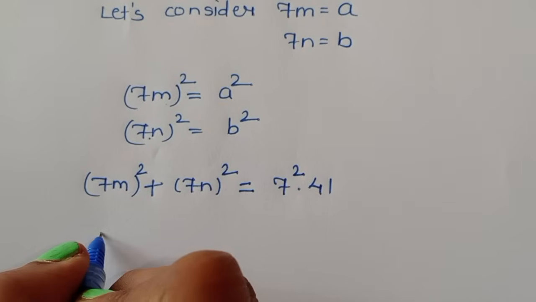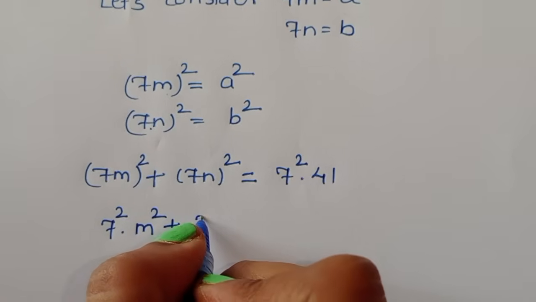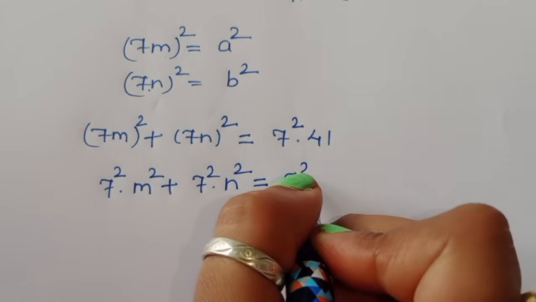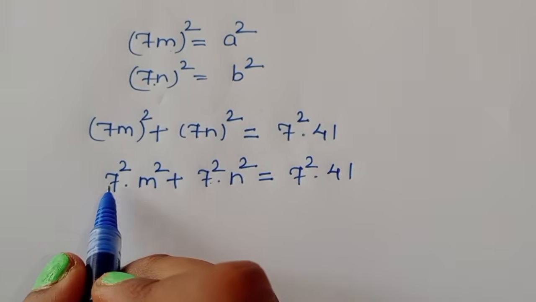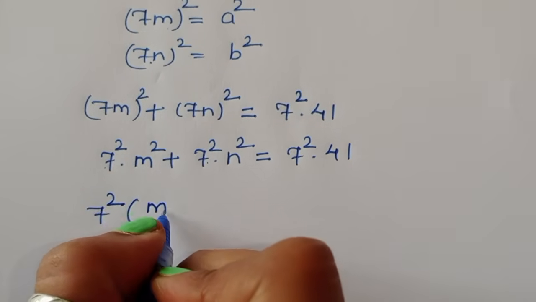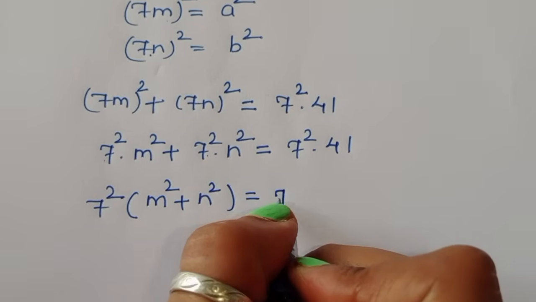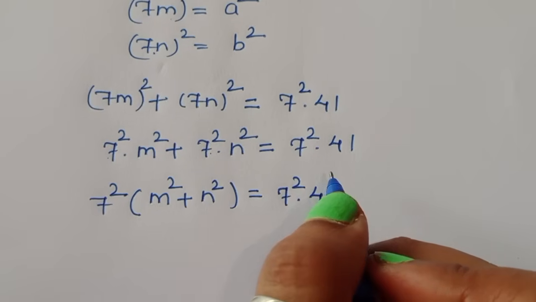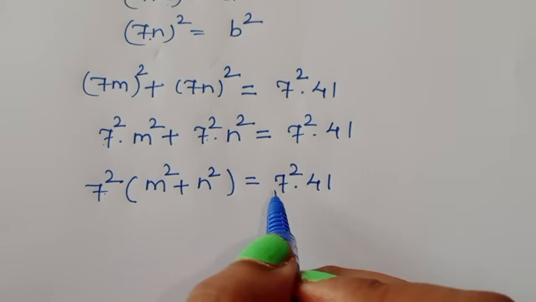If we open the brackets, 7 square times m square plus 7 square times n square is equal to 7 square times 41. Now we can take 7 square common on the left-hand side. Then we divide both sides by 7 square.